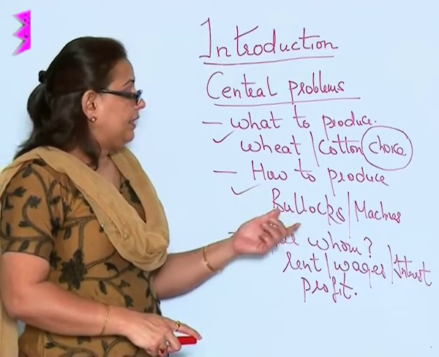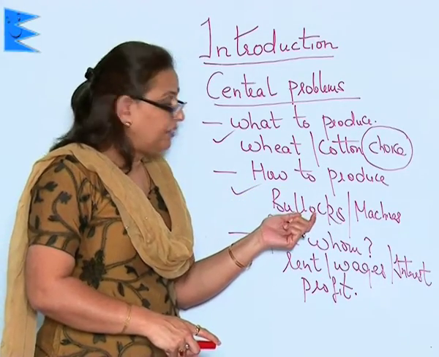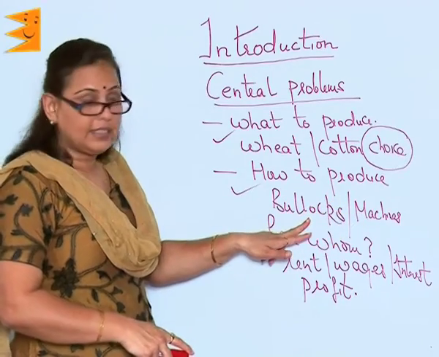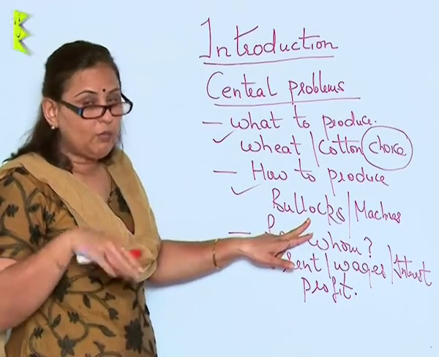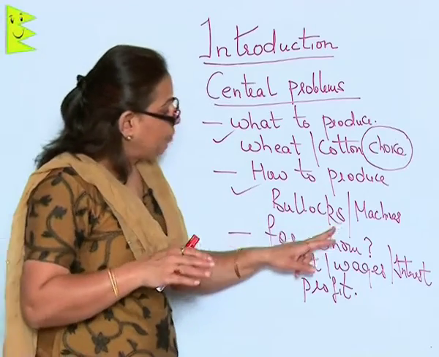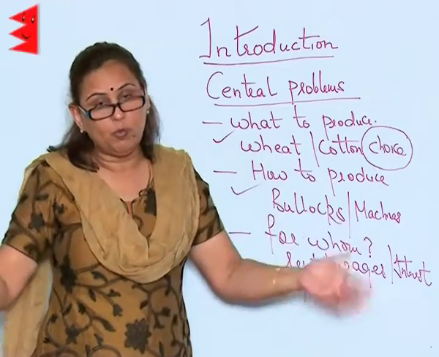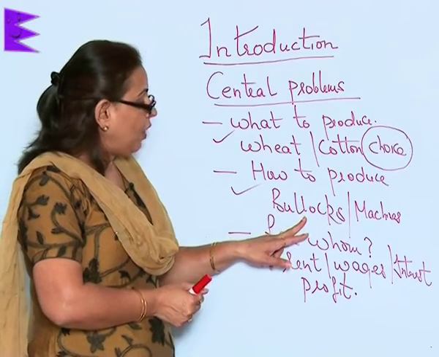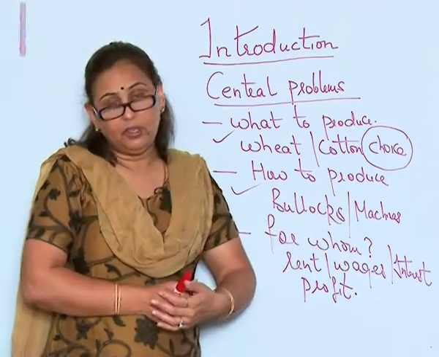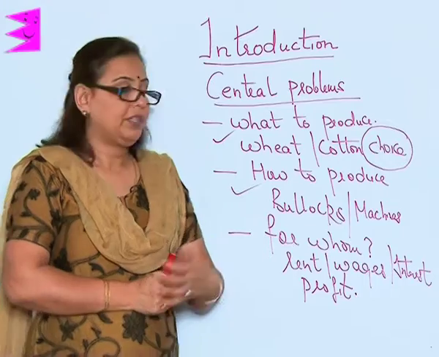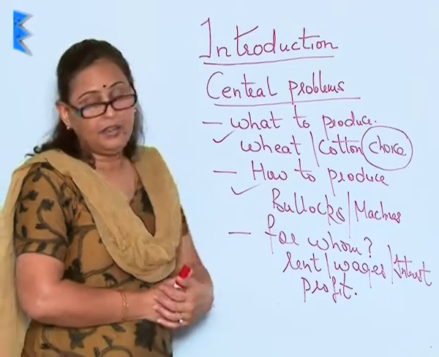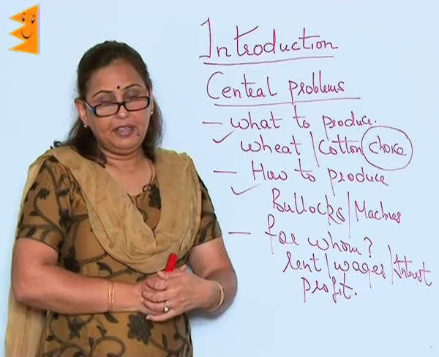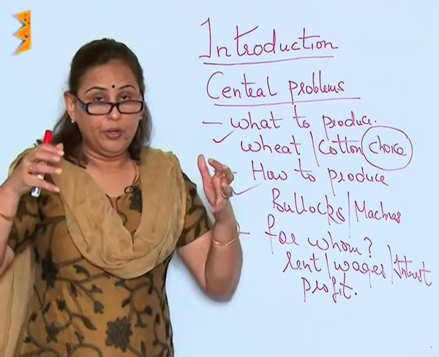Meaning to say, whether he has sufficient money to buy the machines, or whether, even if he has money, he does not want to spend on them and feels that bullocks are sufficient for the small land that he has, or he feels that the bullocks are not the right choice for the vast land that he has.